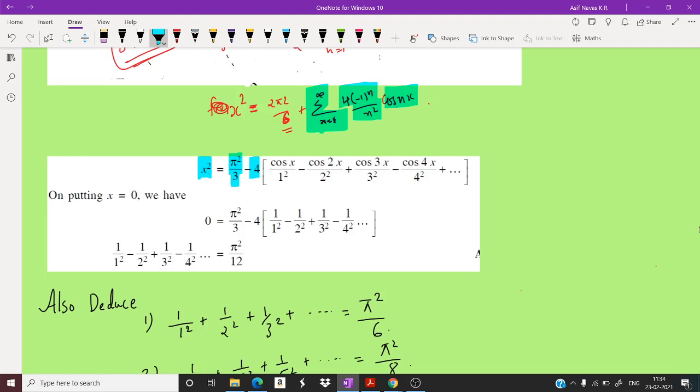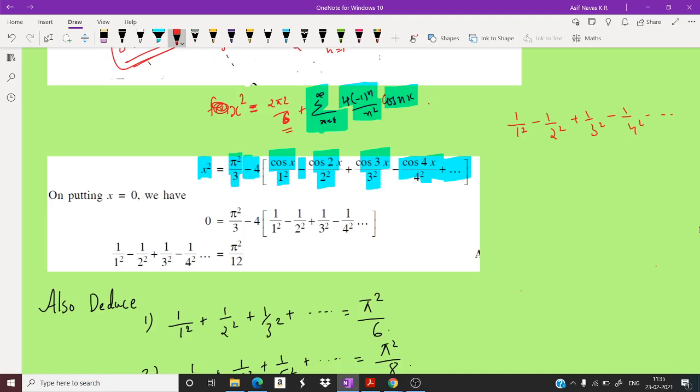When n equal to 1, if I take minus 4 outside, then cos x divided by 1 square, minus n equal to 2 cos 2x divided by 2 square, n equal to 3 cos 3x divided by 3 square, etc. So I want to deduce the formula 1 by 1 square minus 1 by 2 square plus 1 by 3 square minus 1 by 4 square, etc. So for what value of x will we get that?